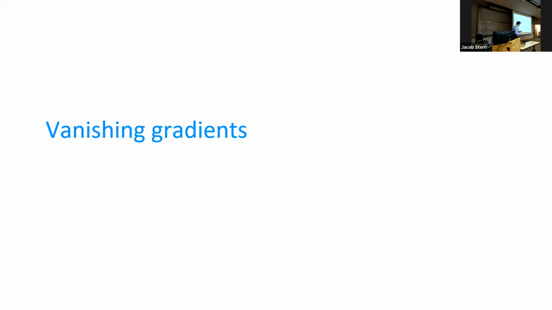So last class, someone asked a question about what some of the failure modes of RNNs are. And one of them I mentioned is memory. Another one is vanishing gradients. If you remember from our lectures on initialization, the deeper a network got, the more the gradients tended to disappear.